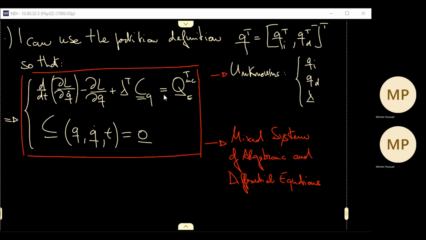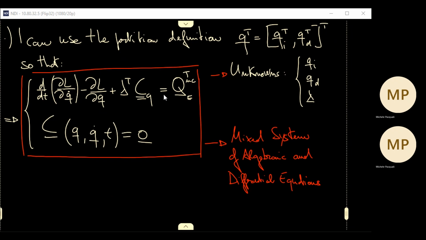Now, we could already start eventually the treatment of what is called Kane method, because Kane method tries to overcome these difficulties.